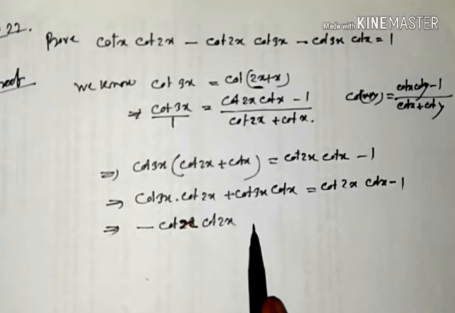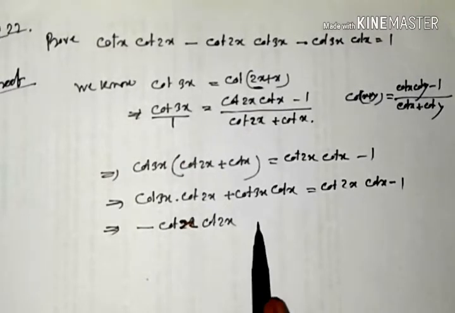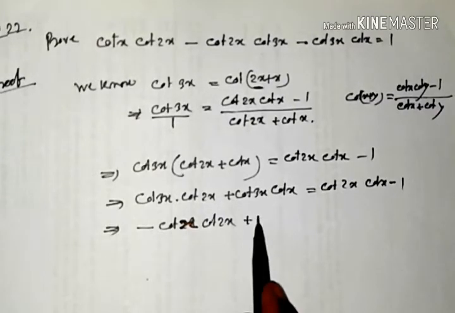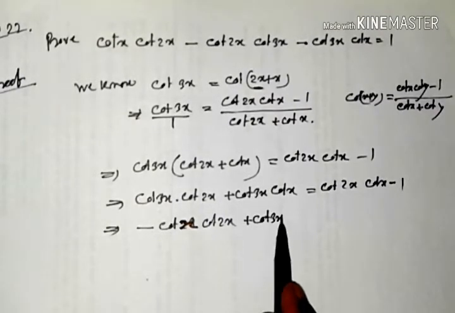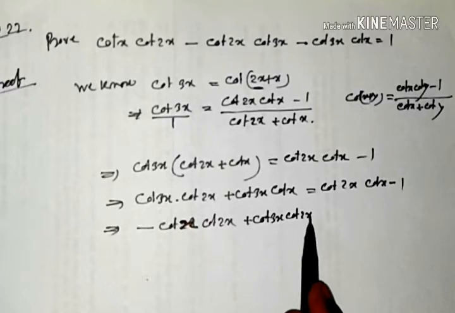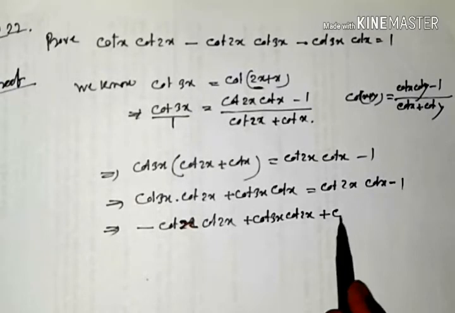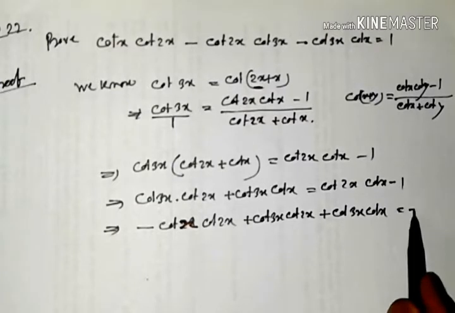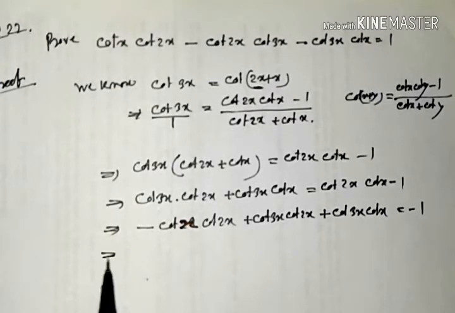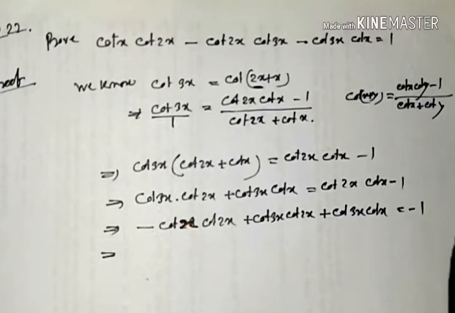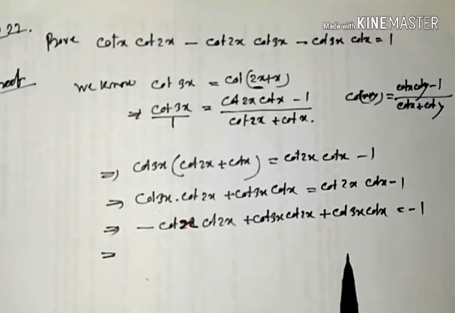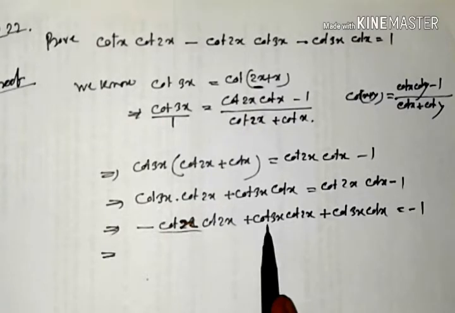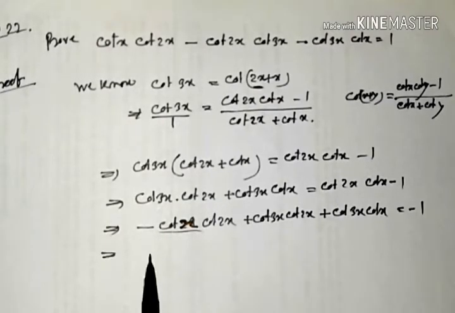Next, we get cot 3x cot 2x plus cot 3x cot x minus cot 2x cot x equals minus 1. If we multiply both sides by minus 1, then positive terms become negative and negative terms become positive.